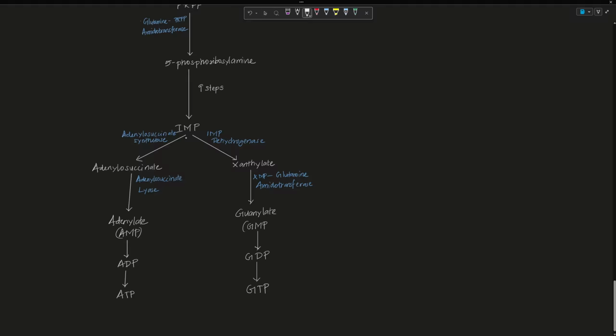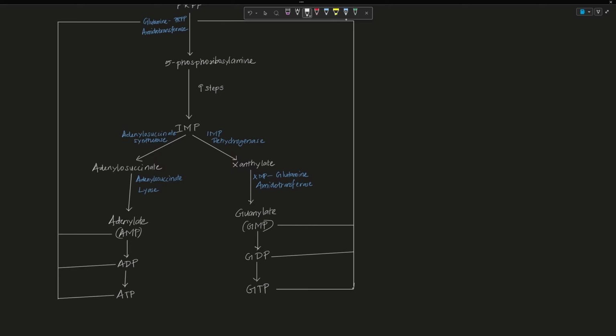So I'm going to draw that. Same on the right side. GMP, GDP and GTP inhibit that same step. Minus sign or X signifies that the reaction is being inhibited.